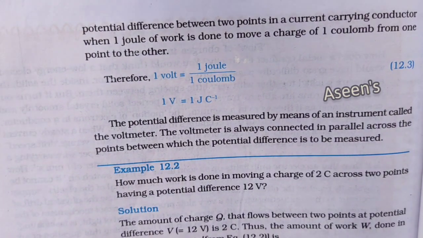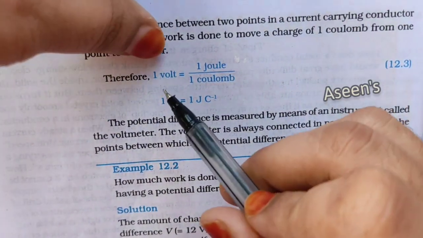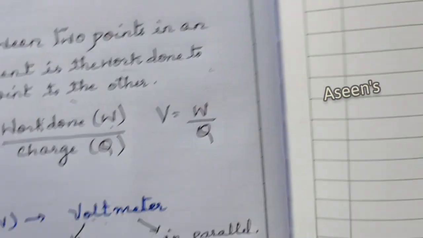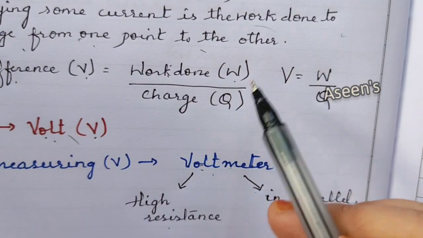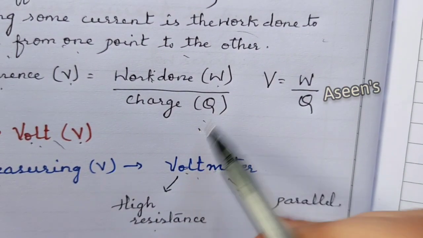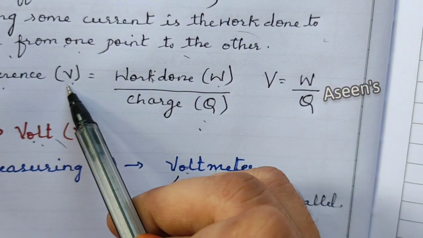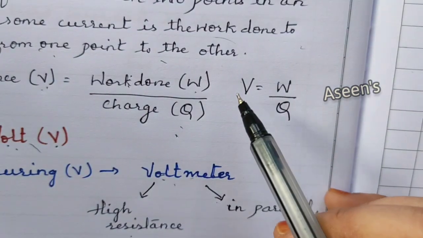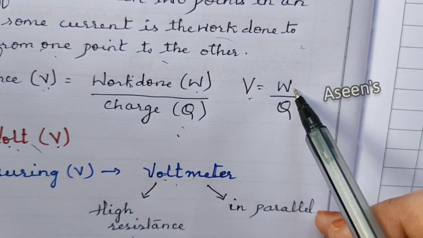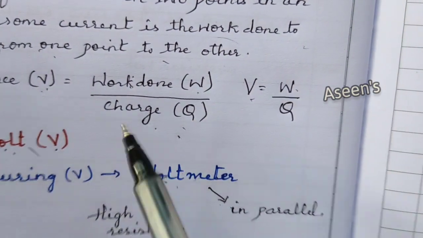Okay, so now let's see how we can define 1 volt. We have seen the formula, right? V is nothing but W upon Q, or work done upon charge. The SI unit of potential difference is volt, the SI unit of work done is joule, and for charge it is coulomb.